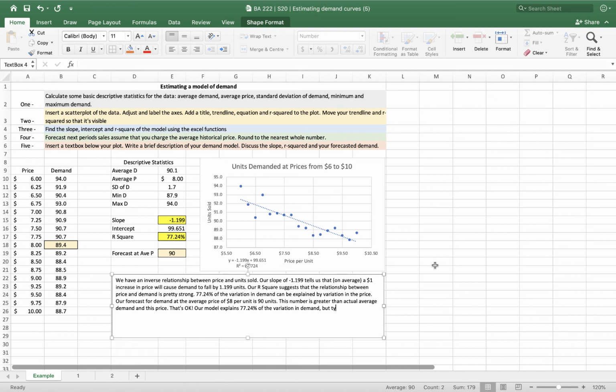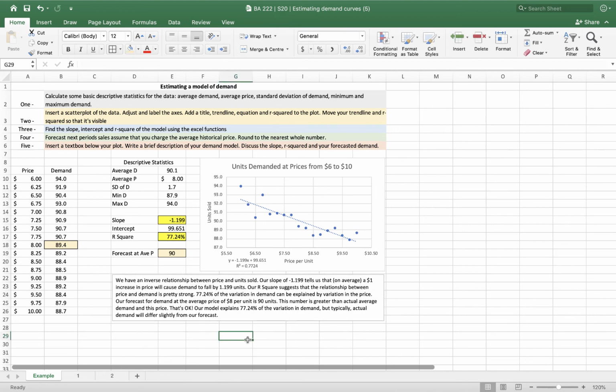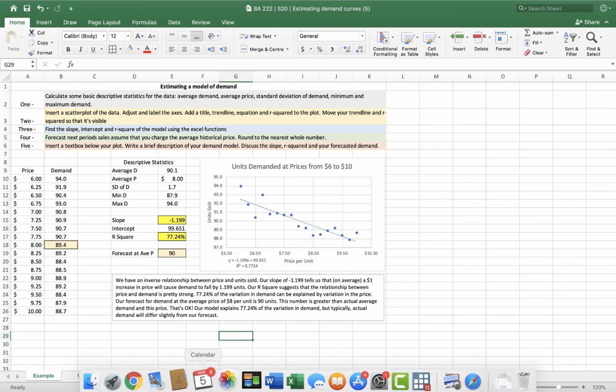But typically, actual demand will differ slightly from our forecast. Boom, that's what I'm calling it. Okay, so that's how I would approach this question. And you can use that same method to solve the problems on tabs 1 and 2.